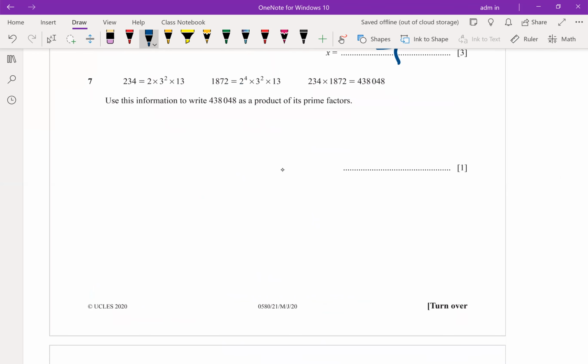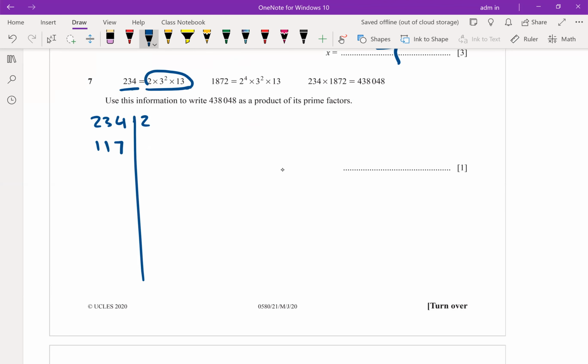Question number 7. 234 is given written in the index notation form. But how to write it in this form if it is not written? Do you remember factorization? 234 divided by 2, 117.